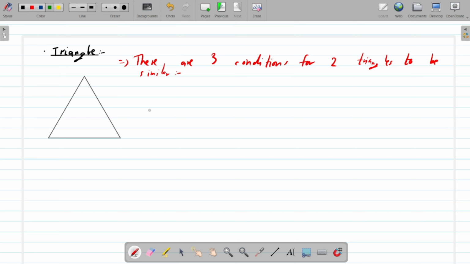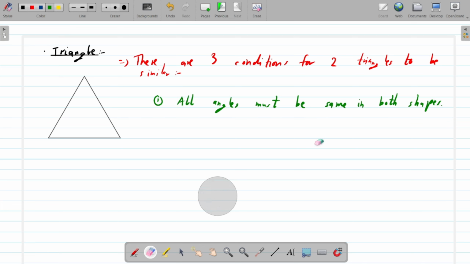What are those 3? First one is that all the angles match up. All angles must be same in both triangles. These rules are only for triangles.